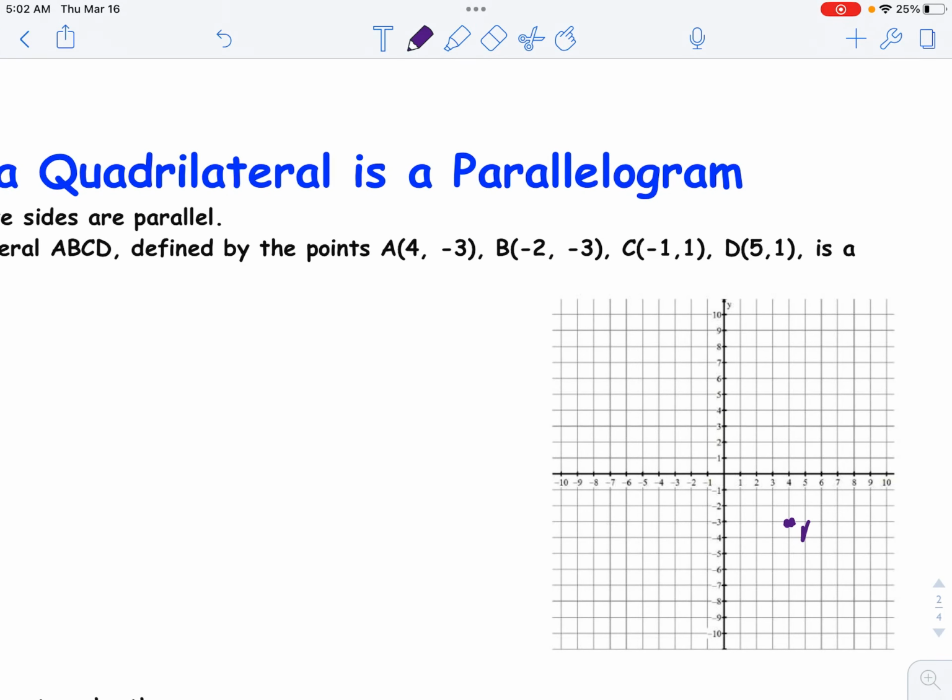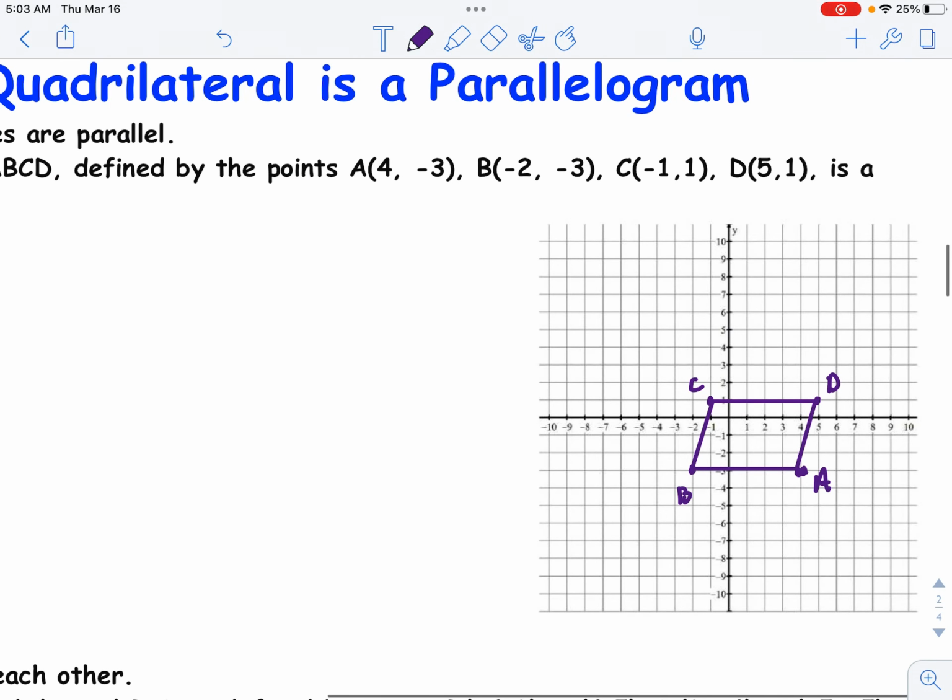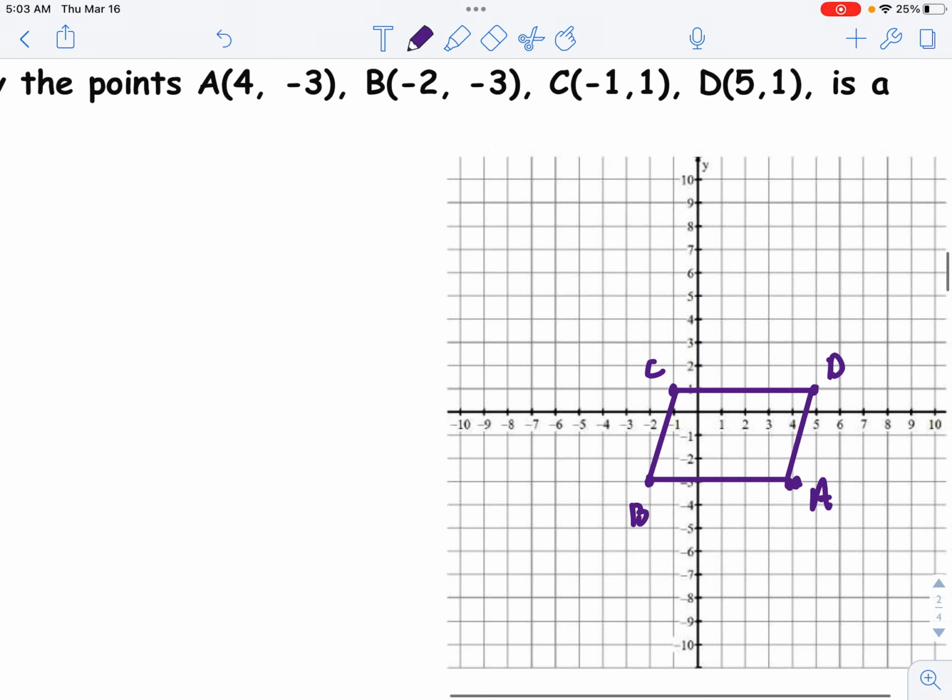We have 4, negative 3, which is A, negative 2, negative 3, which is B. Okay, so this is asking whether it is a parallelogram, and we're gonna keep this one super simple.